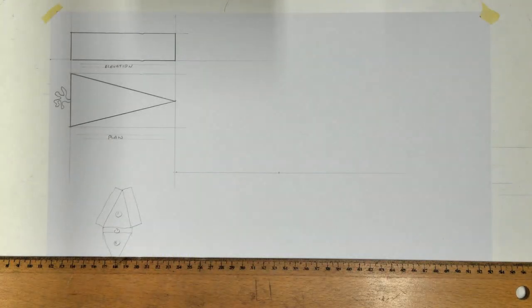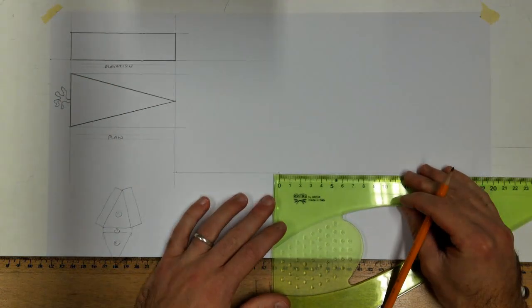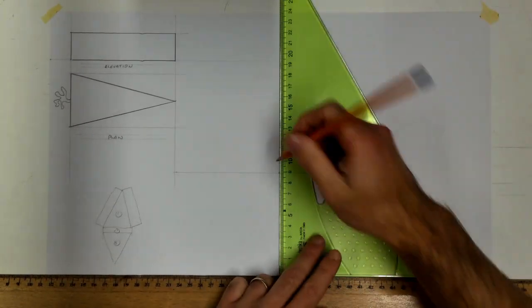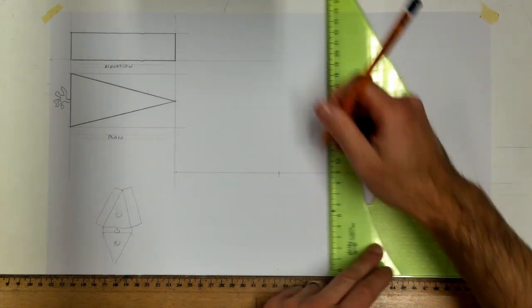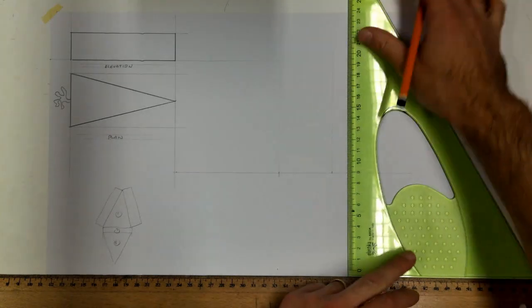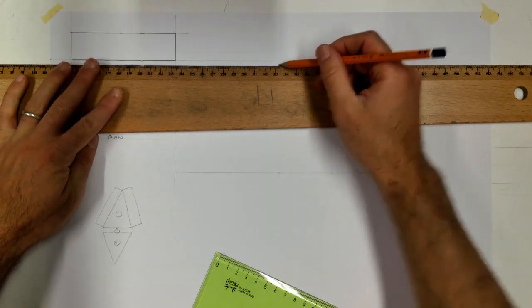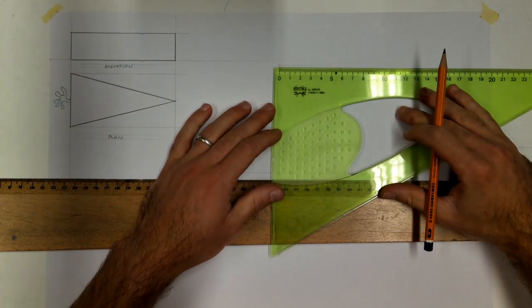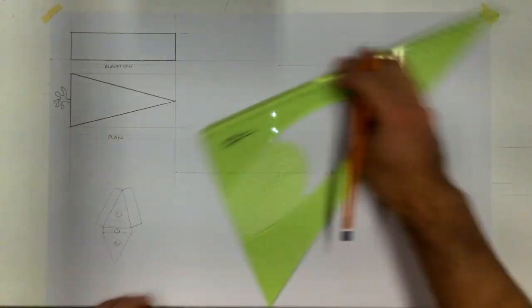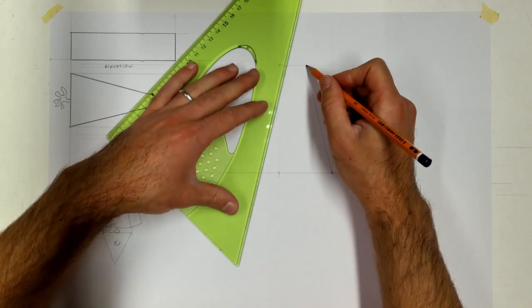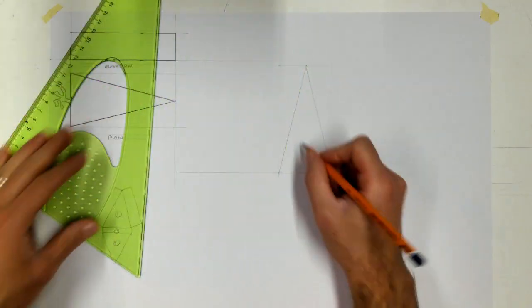So for side number 1, it's basically redrawing that plan view. So the width of it is 50 mil, and the height of it is going to be 100. So 100 mil up, and I'm going halfway across. And remember, we're going to draw it in lightly first, and then going heavy after.